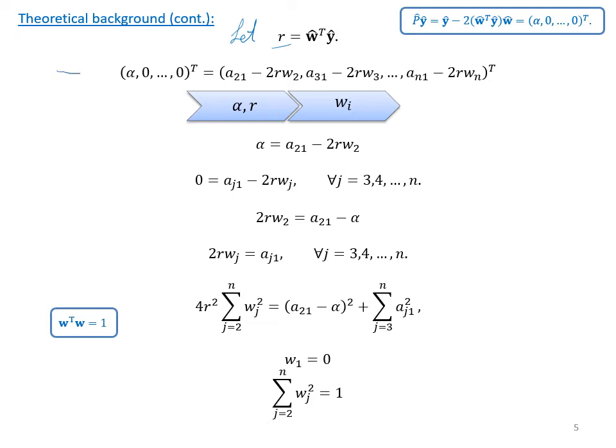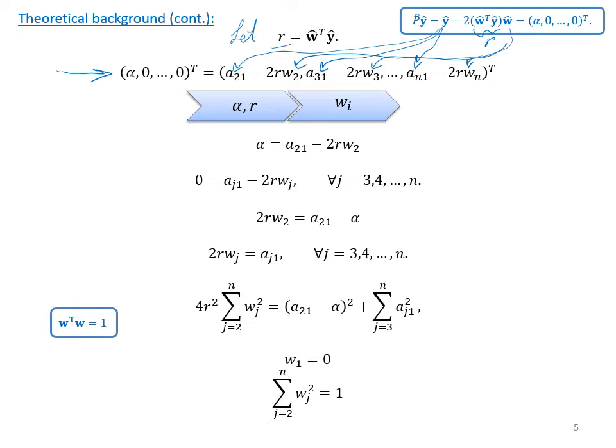Then we have the following expression in this form. We write it in component form. From the previous slide, we know that vector Y hat has components A21, A31, up to An1. Also, we define this product as R, and vector W hat has components W2, W3, up to Wn, and this is how we can write it.